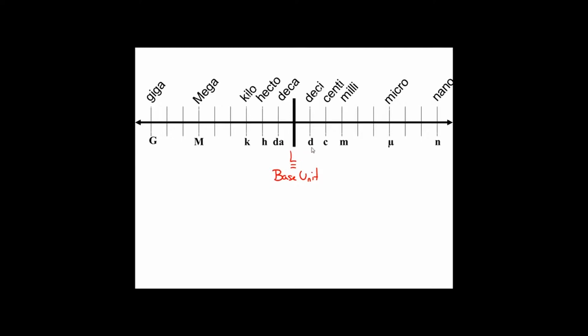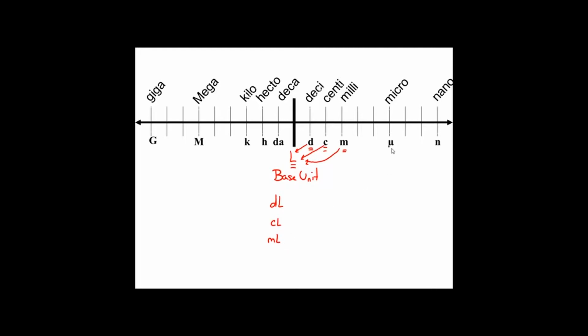And what you can do is put these prefixes in front of them. Meaning, I could match up deci with liters and have deciliters. I could match up centi with liters and have a centiliter. Very common for us in science and chemistry is the milliliter, where milli is the metric prefix, liter is the base unit that it's paired with.